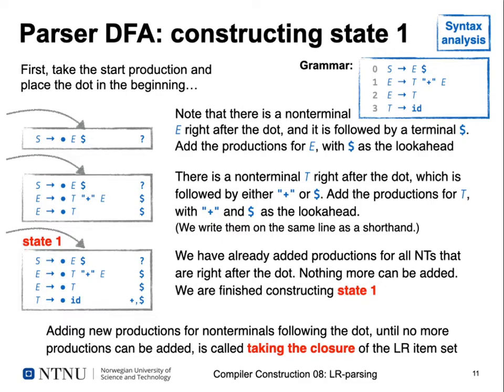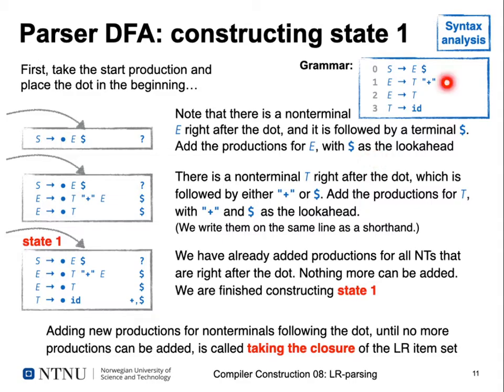So what we now have to do is dig down in our grammar to all sequences which have an E as a non-terminal symbol on the left-hand side. And then we know whenever this E shows up that is derived directly from S, a dollar is the next thing that has to follow. So what we do is we add the productions for E to our state with our dollar as the look-ahead, so the end of the input.